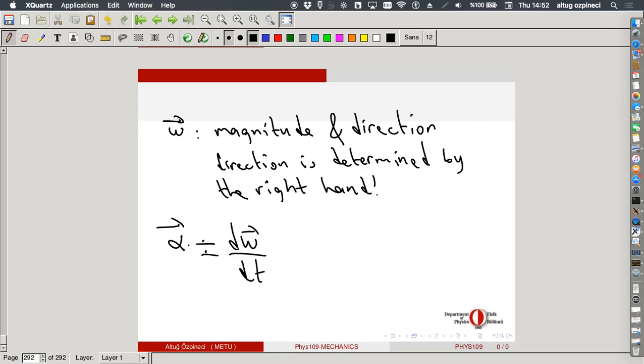The direction of the change in the angular velocity is downward, so angular acceleration is downward. Now, the angular velocity is in which direction? Angular velocity is still downward. The change in the angular velocity, so the angular acceleration, is pointing upward. Now, angular velocity is upward. The change in the angular velocity is again upward, so the angular acceleration is in the upward direction.